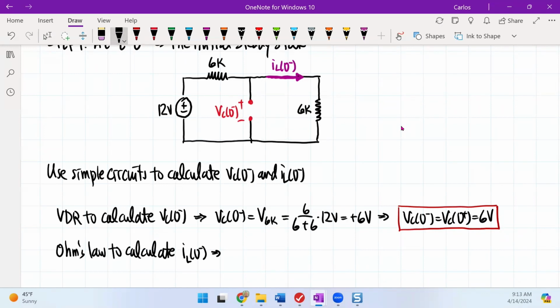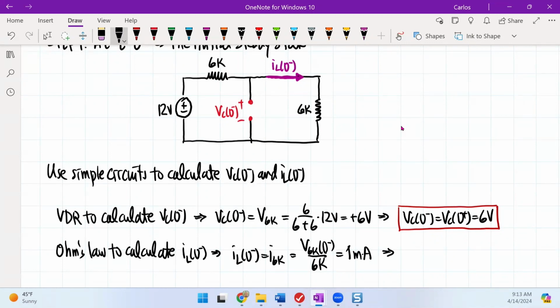The inductor current is the same as the current of the 6K because they're all in series. Since we just calculated the voltage of the 6K, I could write V6K at 0 minus divided by 6K, which will then be 1 milliamp.